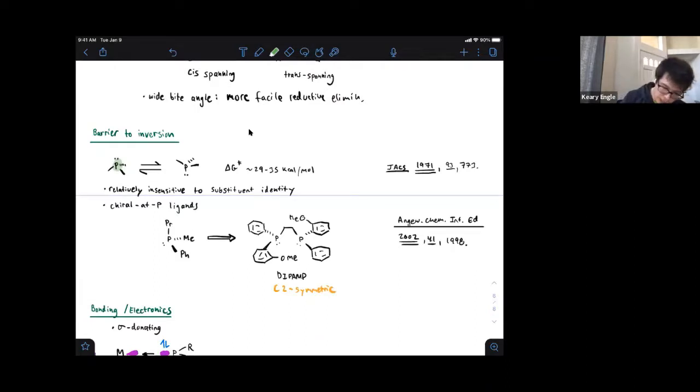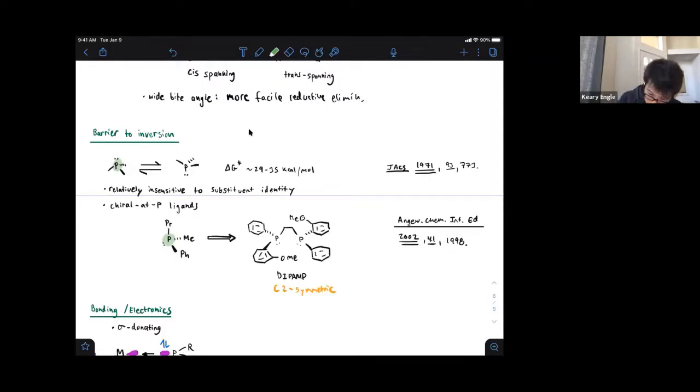That immediately led people to start thinking about ligands that were chiral at phosphorus and whether they could be purveyors of stereochemical information in enantioselective reactions. One of the very early manifestations of that idea from Knowles is shown here. Based on this result, it was ultimately developed into DIPAMP, which is C2 symmetric.